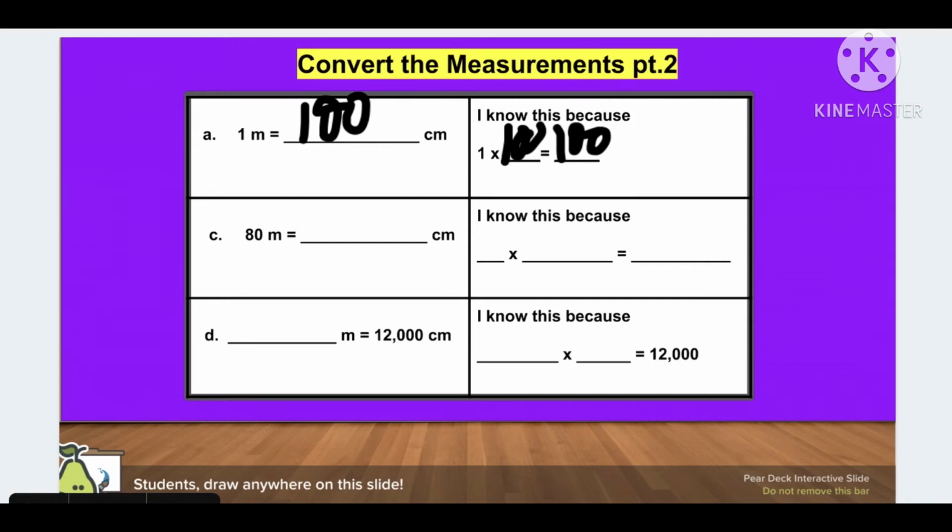You read my mind. Yeah, I'm going to multiply 80 times 100 because that's going to tell me how many centimeters are in 80 meters. When I multiply 80 times 100, what's my product?